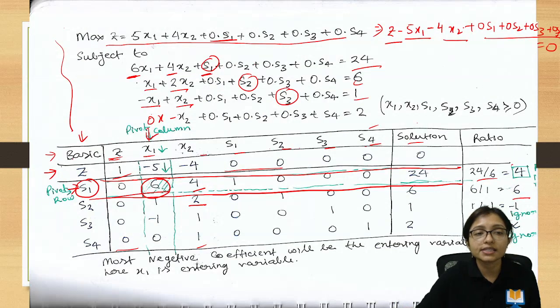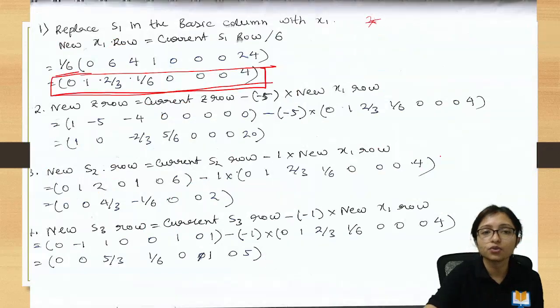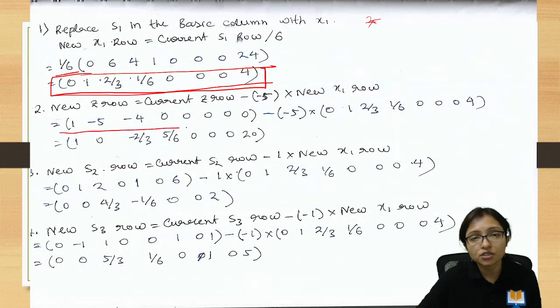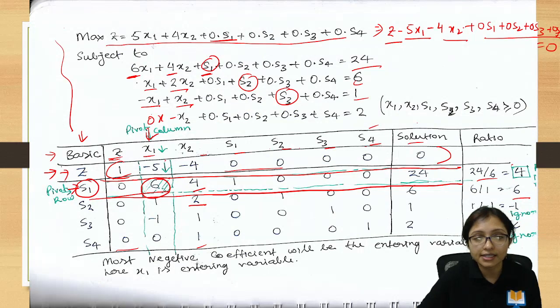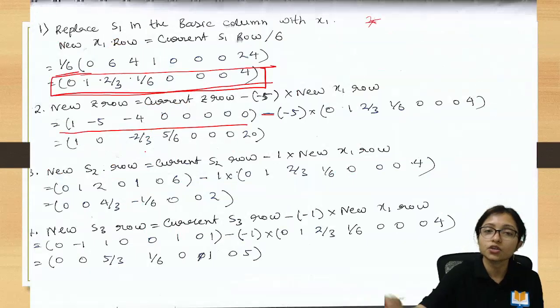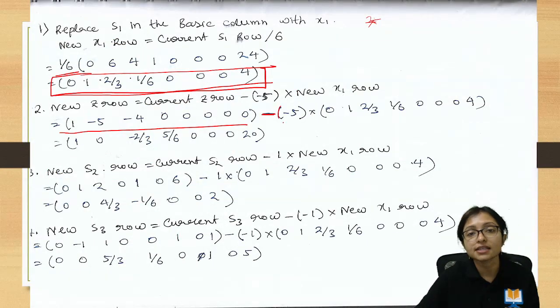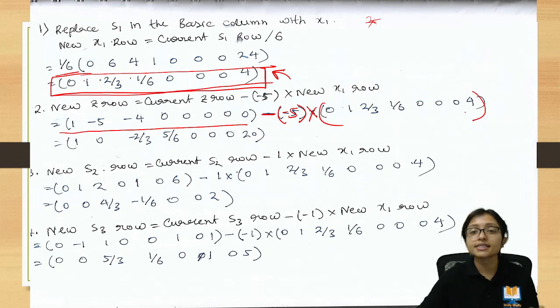When I am doing Z, this is my old Z value. So you have to take this old Z value minus the coefficient, that is minus 5, multiplied with this new pivot row. This calculation you have to do for every row.